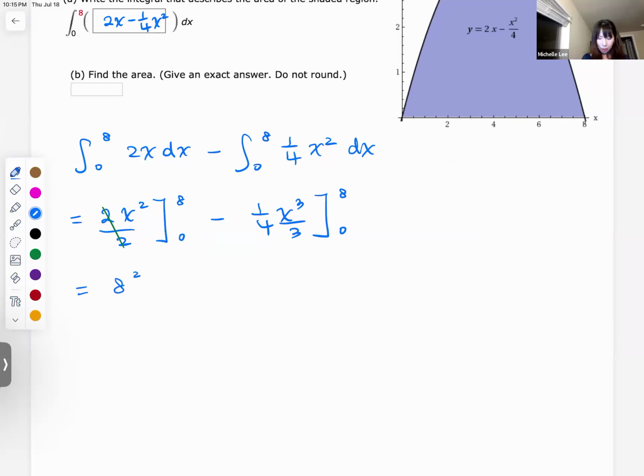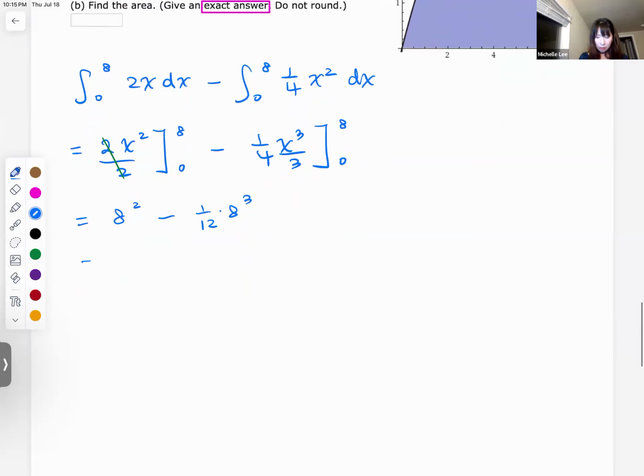We have 8 squared, and the lower bound is 0, and negative 1 over 12, and 8 to the third power, right? But they say exact answer, which means we have to keep it as a fraction. So let's simplify. 8 squared is 64.